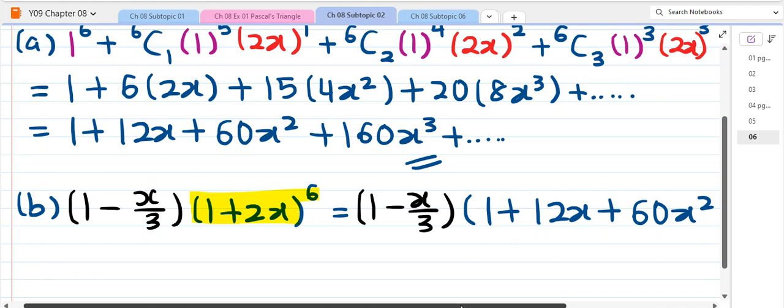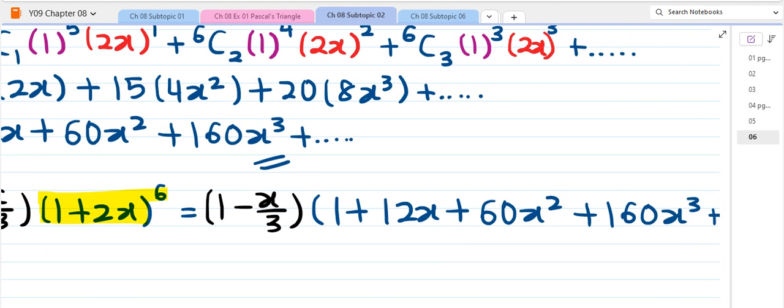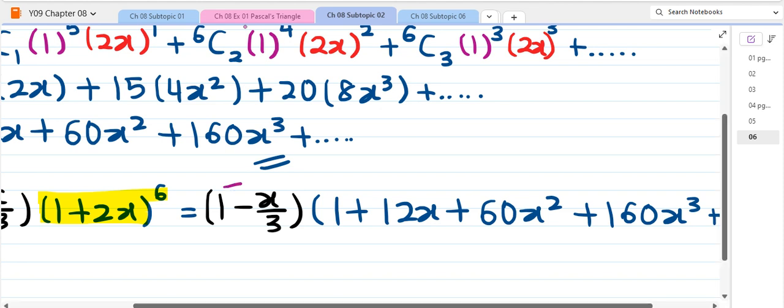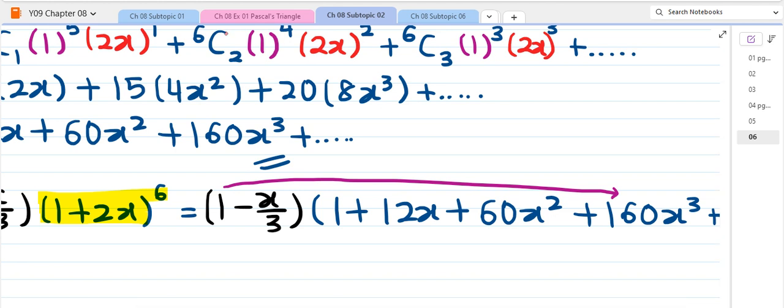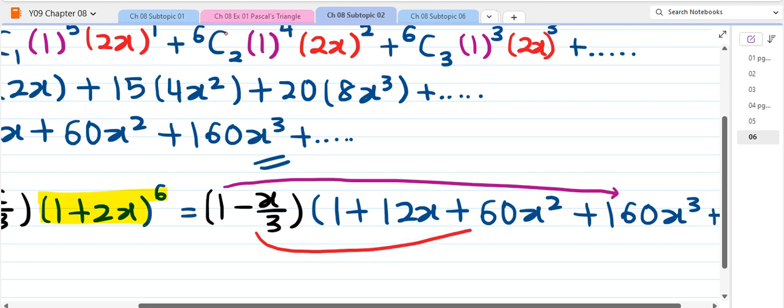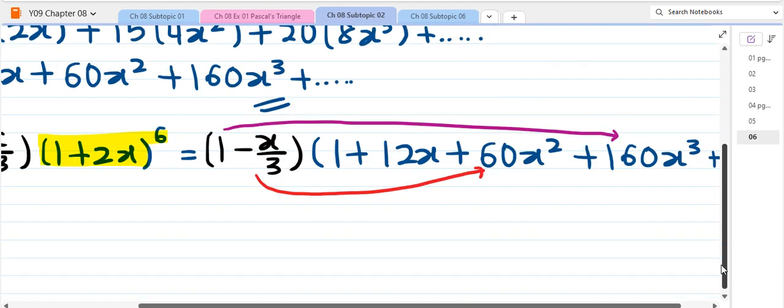So when you do the expansion, 1 you just have to multiply with the term that contains x cubed, which is 160x cubed, and negative x will be multiplied with 60x squared.